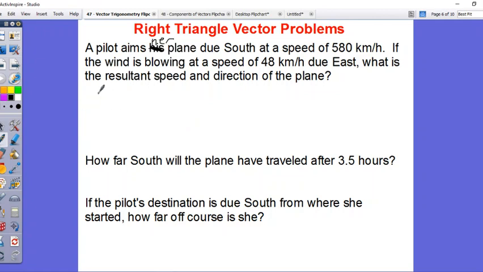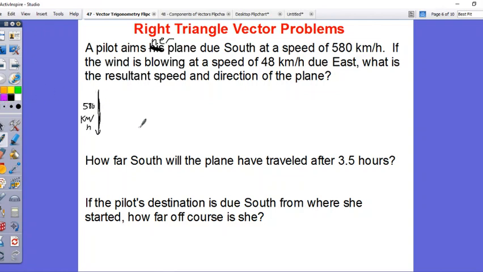So we're going down (580 kilometers per hour). So that's how the plane is being aimed.